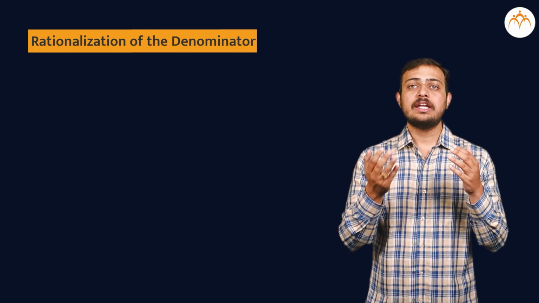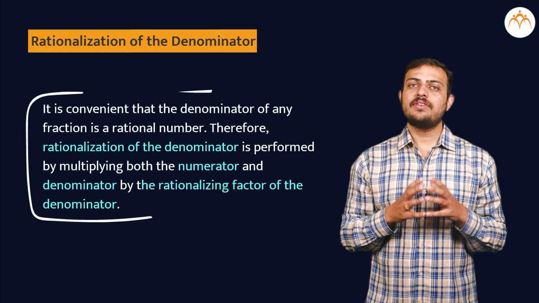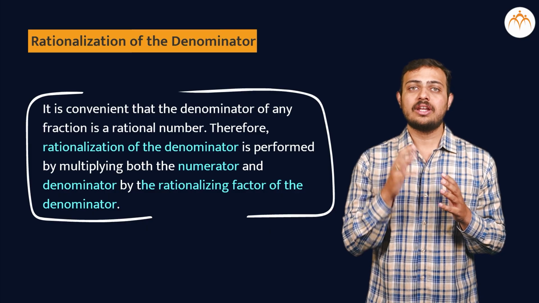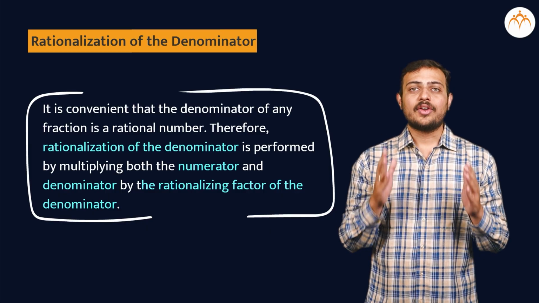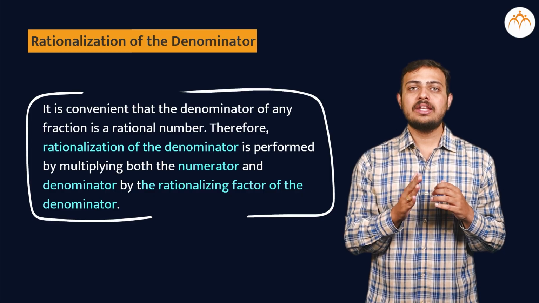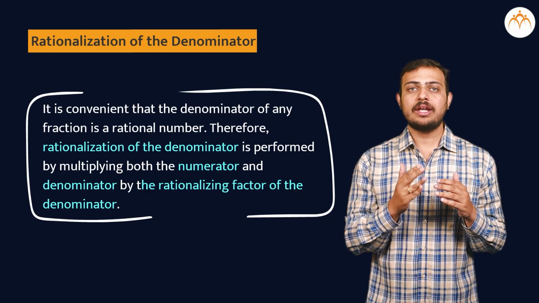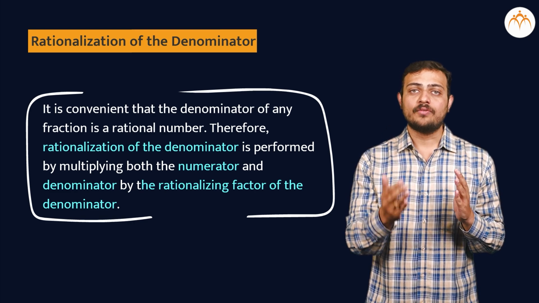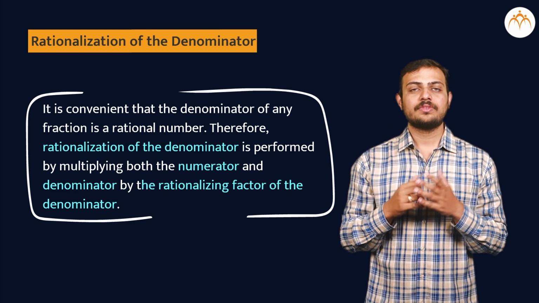Rationalization of the denominator. It is convenient that the denominator of any fraction is a rational number. Therefore, rationalization of the denominator is performed by multiplying both the numerator and the denominator by the rationalizing factor of the denominator.